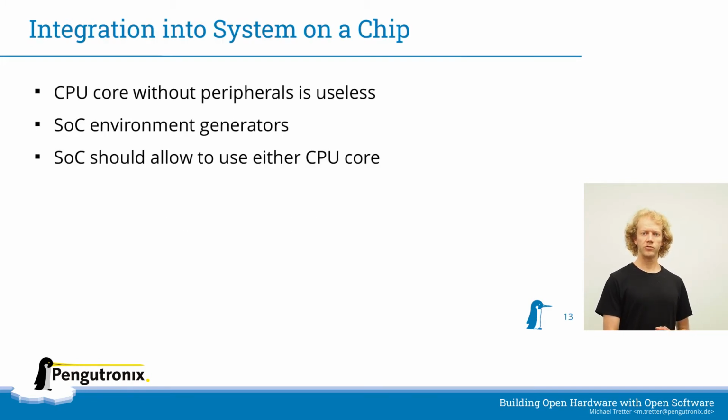We now have two different CPU implementations. These are nice for simulation, but in order to use them on actual hardware, we also need peripherals to interact with the outside world. Therefore, we need to integrate them into a system on a chip that is suited for our test hardware.